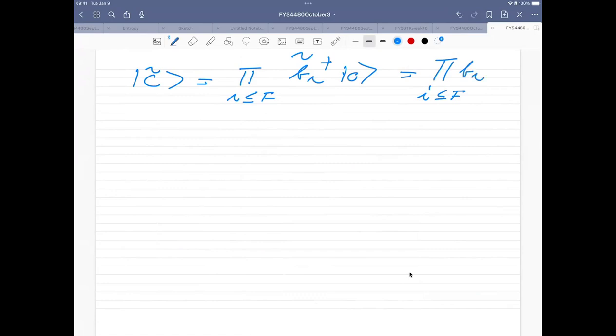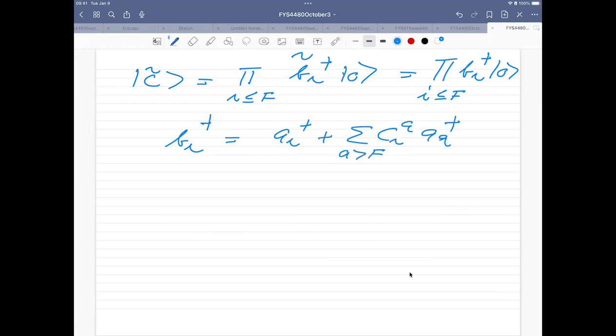And this is the same as B_i dagger acting on the true vacuum, where this B_i is now simply us setting up an a_i plus an overlap here, and then a_a dagger, and then a summation over all states above the Fermi level. That summation, in principle, runs to infinity. But when we run actual calculations, we will always put in a truncation here. And this is essentially Thouless theorem.